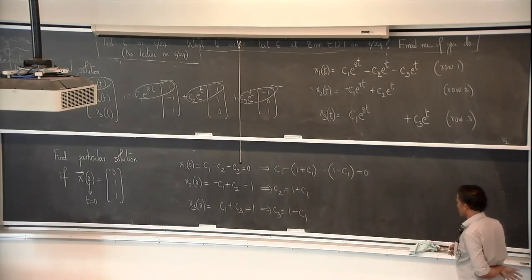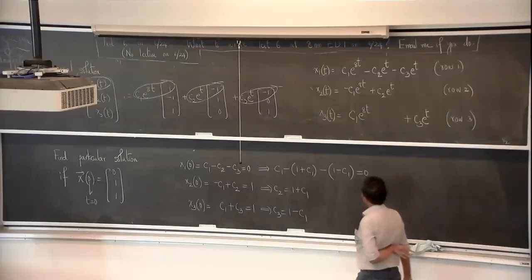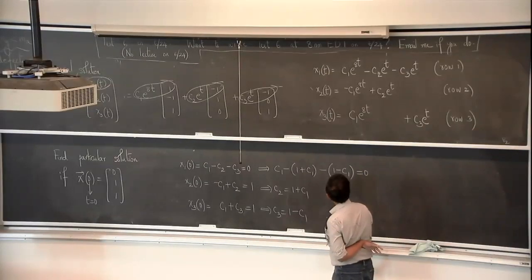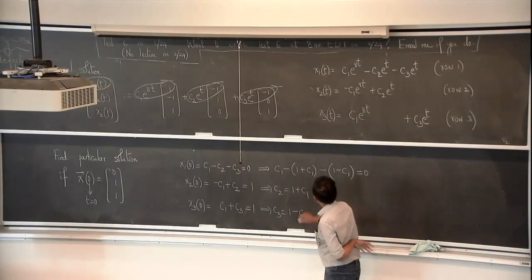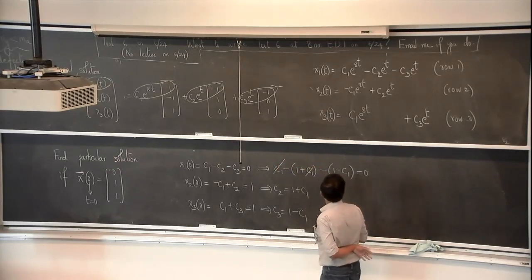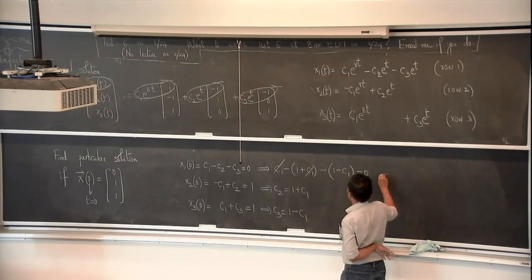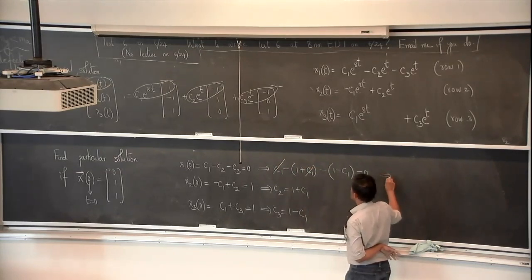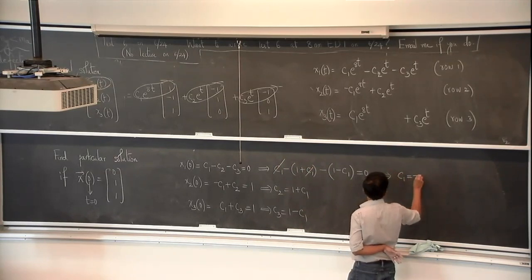As long as I don't get 0 equal to 1 or something, I'm good. What do we get? I know one of these C1s will cancel out. What is C1 then? 2? Negative 2?